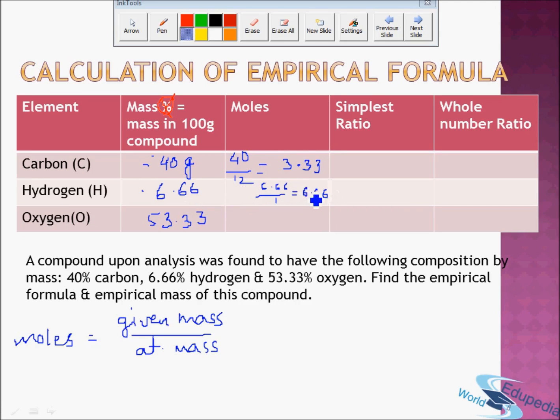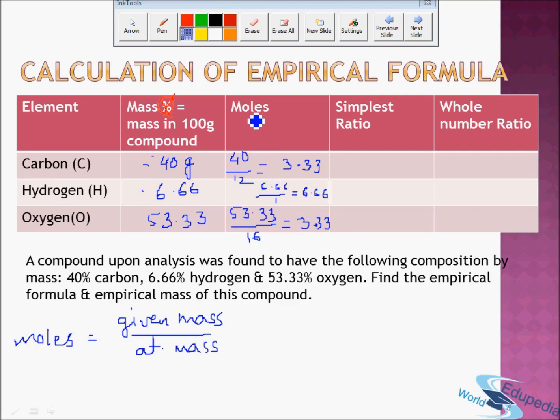So this way I get moles for hydrogen. And similarly for oxygen, 53.33 divided by 16 will give me moles of oxygen in this compound. So this again comes out to be around 3.33.